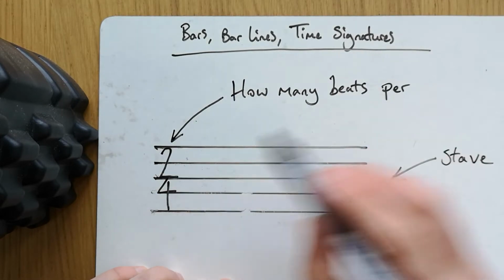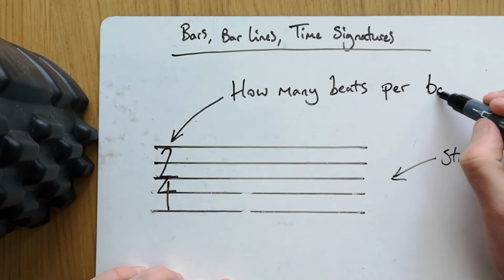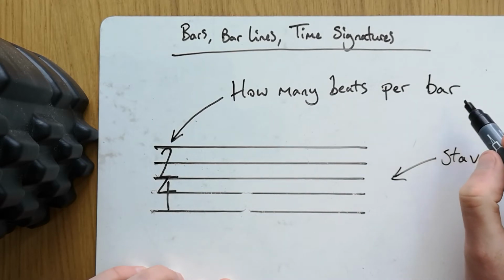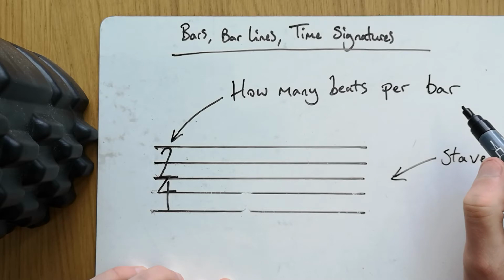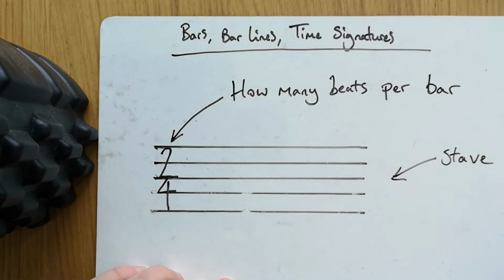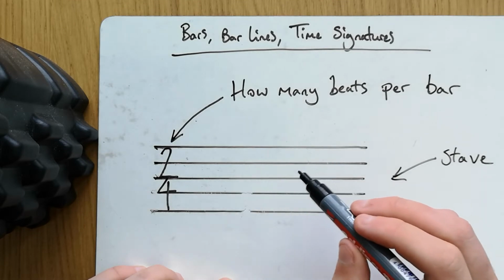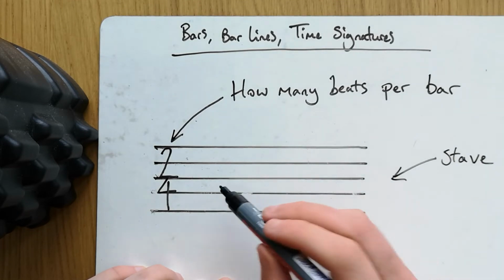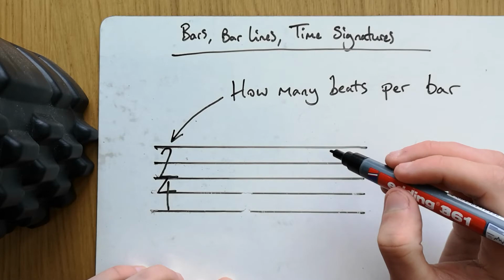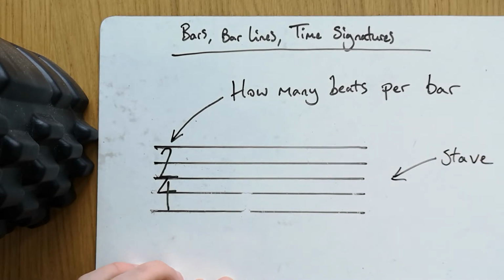So in this example, there are 2 beats per bar. A bar in written music is basically just what we divide the written music up into. It sounds complicated, but we need to separate out our written music to make it look nice and neat. We put them into what we call bars. We separate these bars with bar lines. I'll show you that in a second.